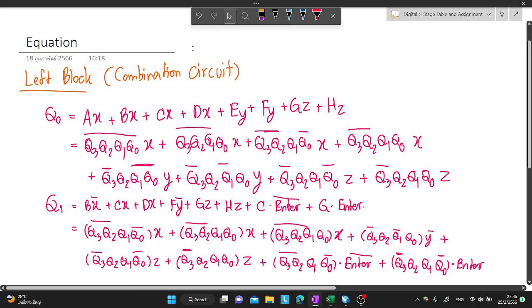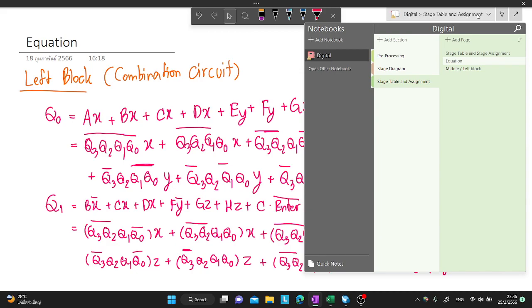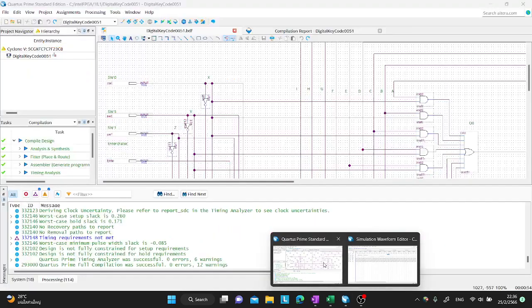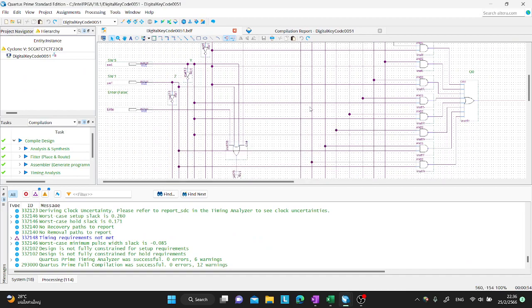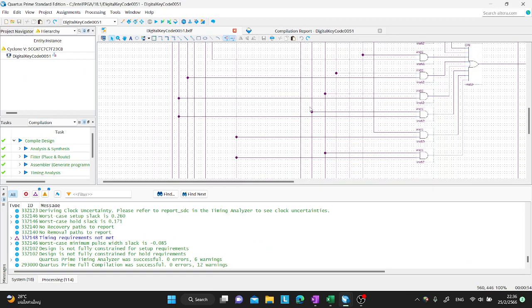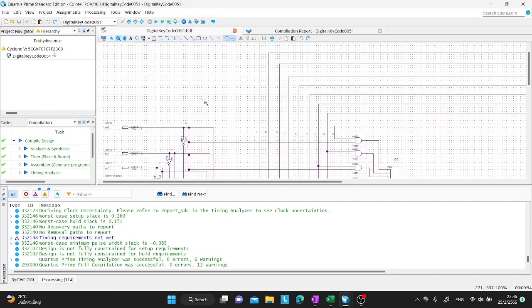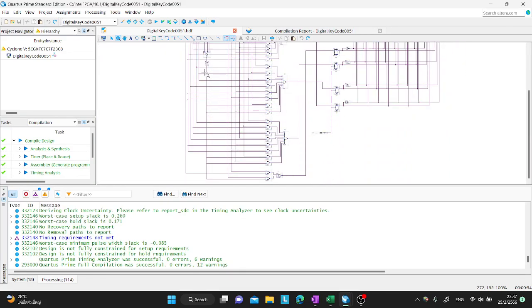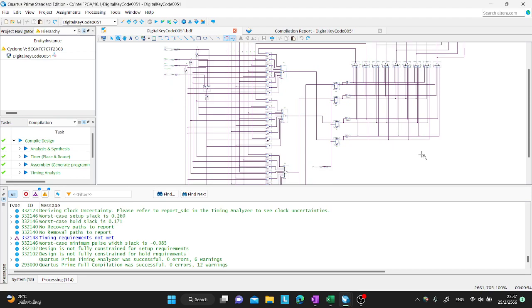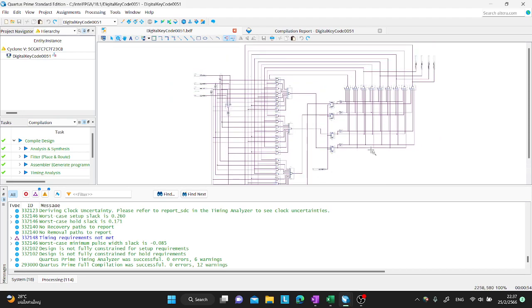That means the left box is complete and I have to go to my circuit. So here's the circuit. Here's my circuit. It's kind of long, but yeah, here's the circuit of it.